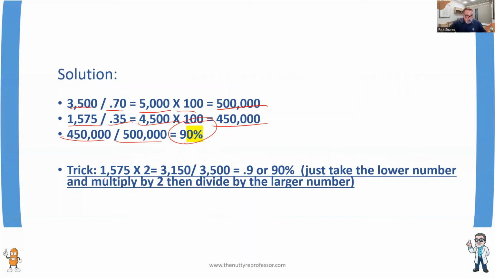And then I wrote the trick here. 1,575 times 2 is 3,150 divided by 35 equals 0.9, but you turn it into a decimal and it comes out to 90%. All right, let me show you another math problem.